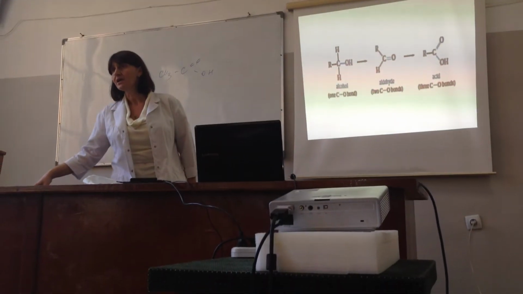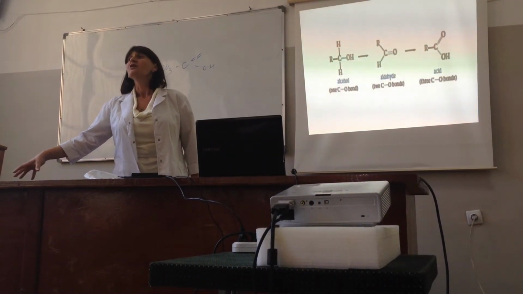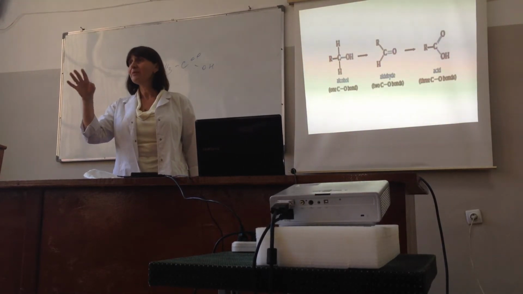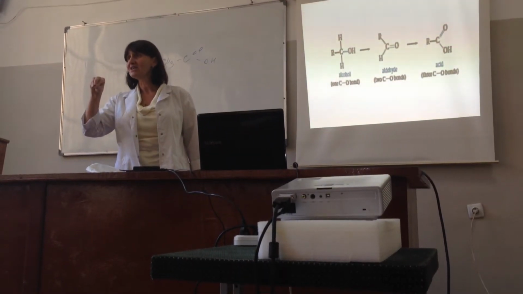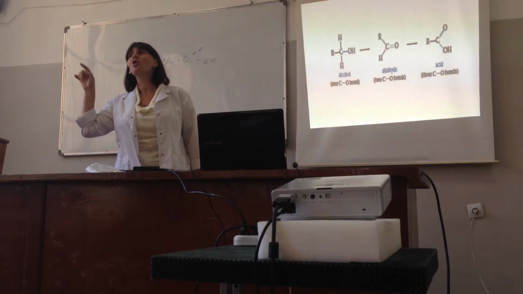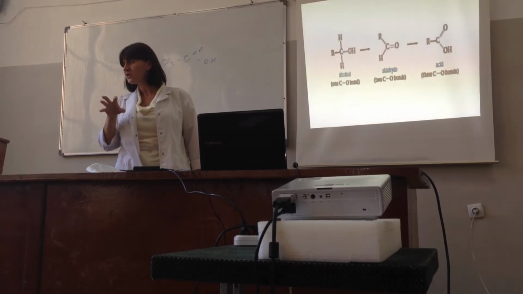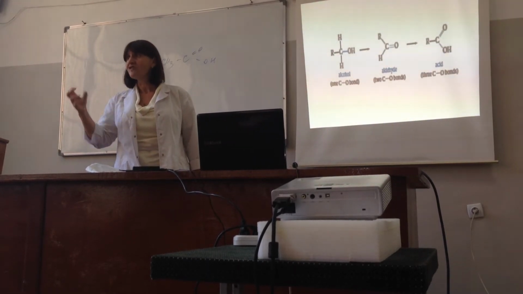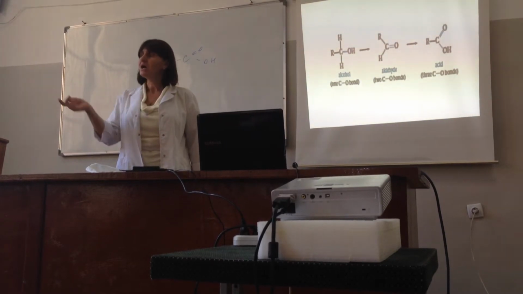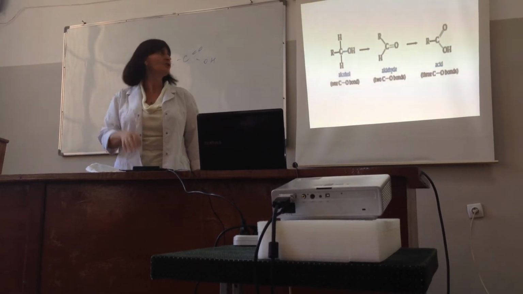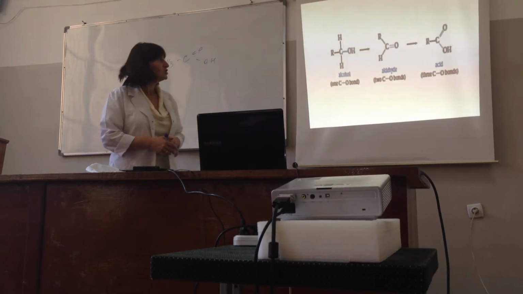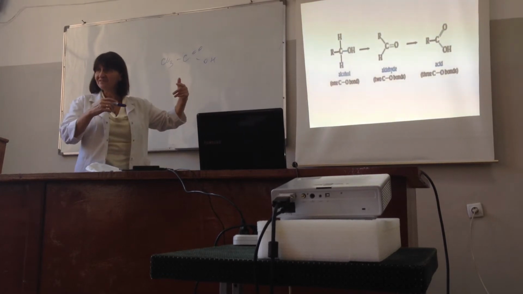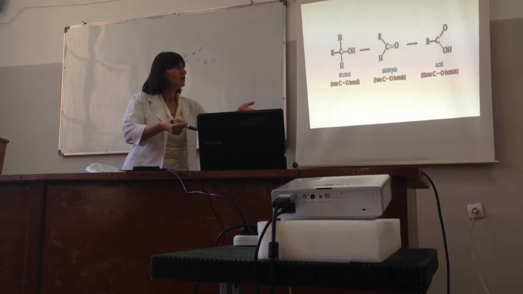But if you take a primary alcohol and oxidize it with a strong oxidizing agent, such as Jones reagent, CrO3, you can't remove the aldehyde from your reaction mixture, because the aldehyde undergoes oxidation, and finally you get the carboxylic acid. So from primary alcohols you can get aldehyde, and from aldehyde after oxidation you finally get carboxylic acids.